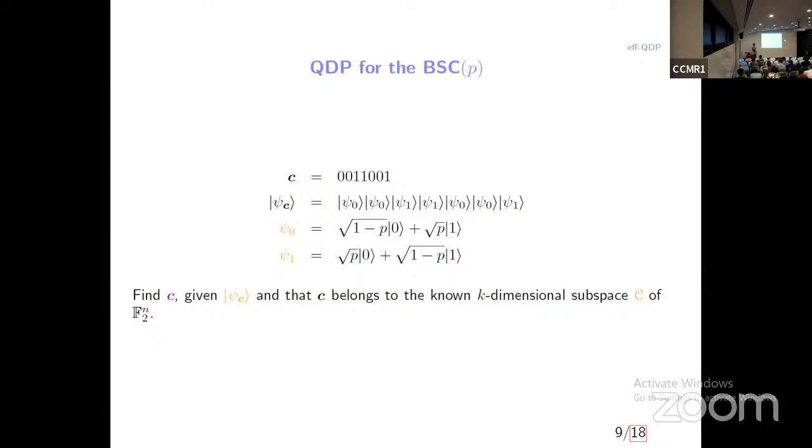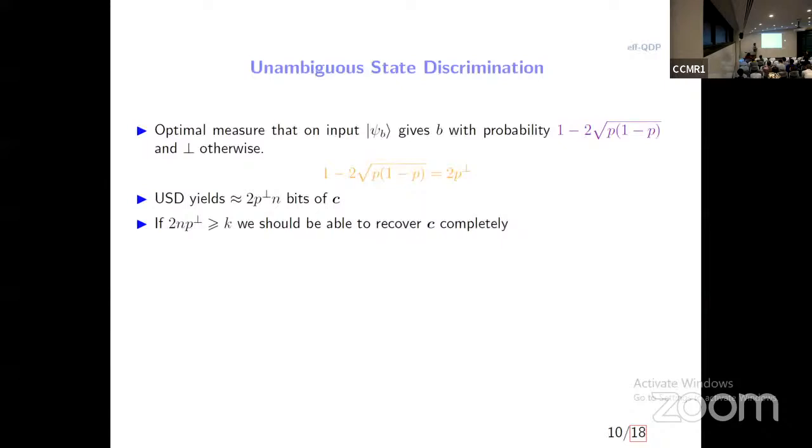These two states are not orthogonal, but you can use state discrimination to find if it's psi 0 or psi 1. If you do this, sometimes you have an inconclusive answer, but you can use optimal unambiguous state discrimination, using the fact that the probability of discriminating the state is this probability here, which is related to the P orthogonal we saw before.